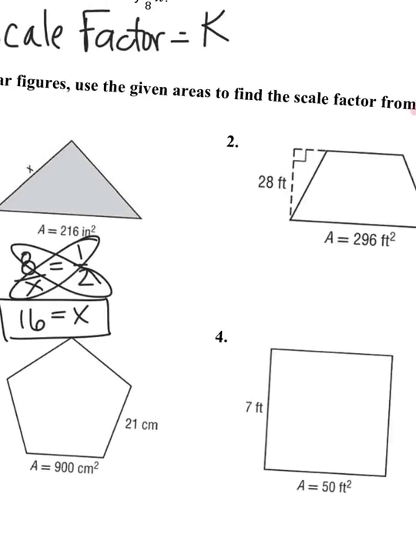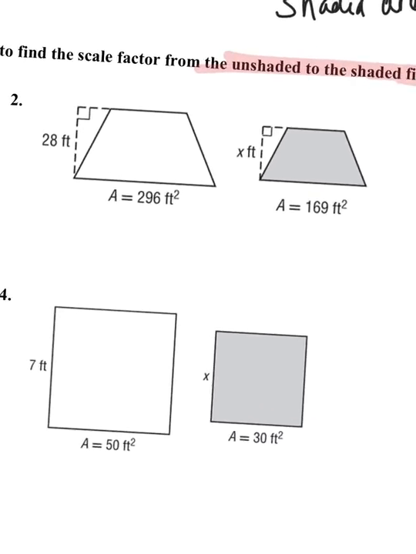Question number 2. Question number 2, I'm going to start off by saying the area of the unshaded over the area of my shaded is equal to my scale factor squared. Again, I want the scale factor by itself, so I'm going to take the square root of both sides. And that square root cancels the square.